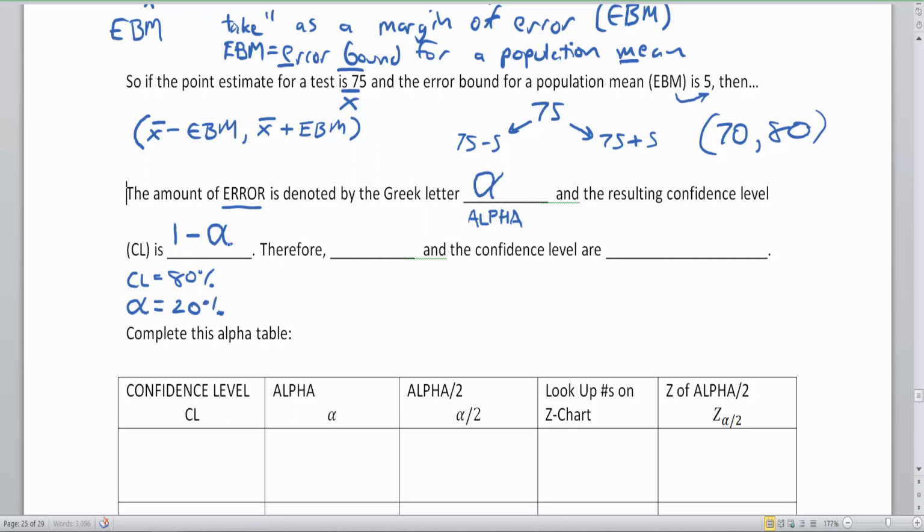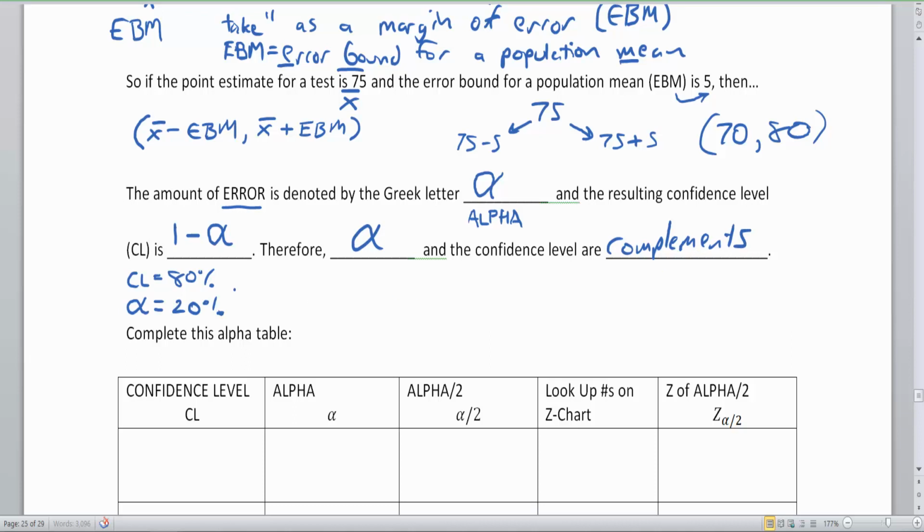So subtracting the alpha from 100%, or 1, will give you the complement of your confidence level. So if you say I'm 99% confident, then you have a 1% error. If you are 90% confident, then you have a 10% error. Therefore, alpha and the confidence level are complements.